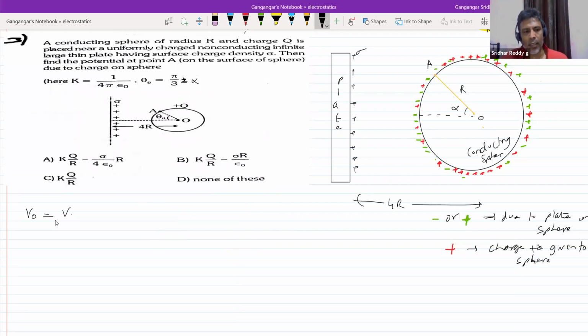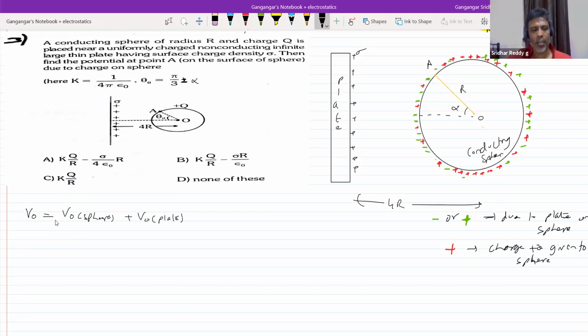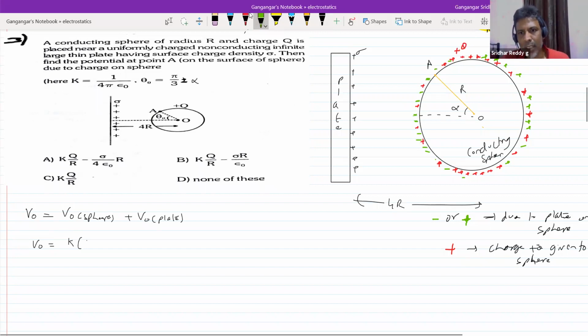charge on the sphere due to sphere, charge on the sphere due to plate. Shall we write like this? At O, no? Any symbols you can apply. Now write the equation. Potential at point O. There will be induced charge. There is a plus Q charge there. Minus Qi and plus Qi.